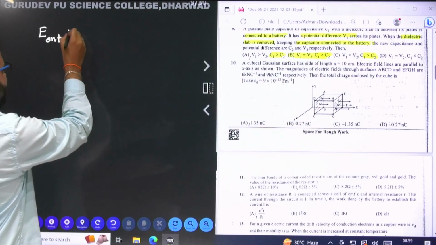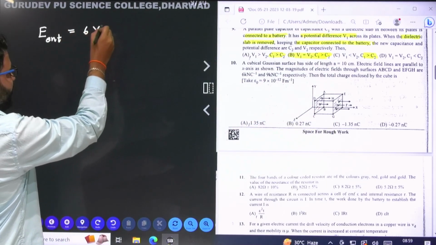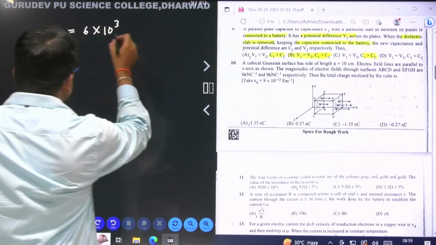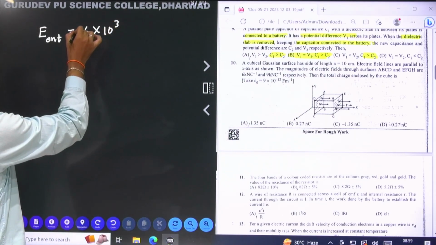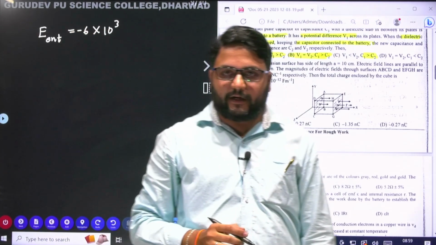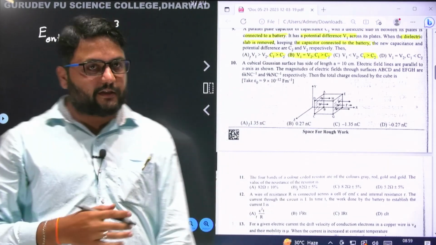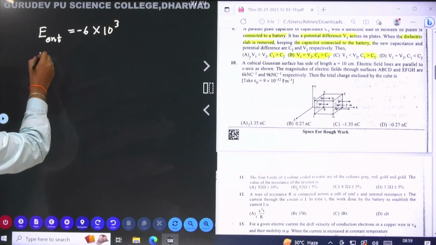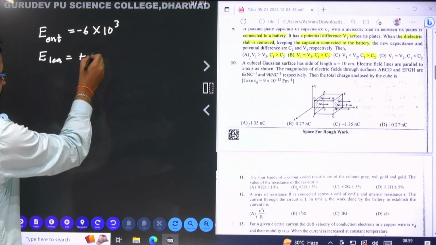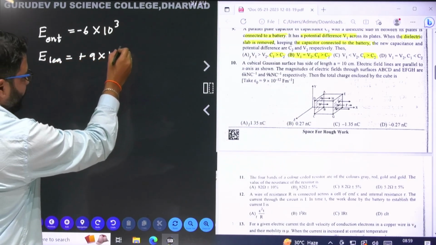So the entering electric field is 6 into 10 raised to 3 because it is given in kilos. And I am going to take the entering flux as negative because we have studied in our concepts that flux entering any surface is taken as negative, and flux leaving any surface is taken as positive. So the flux leaving I am going to take as positive, plus 9 into 10 raised to 3.